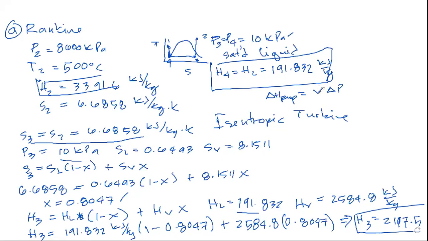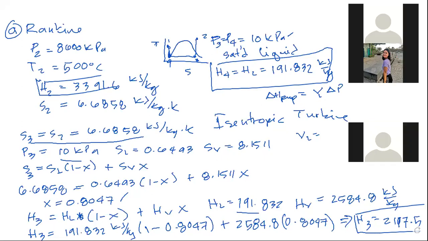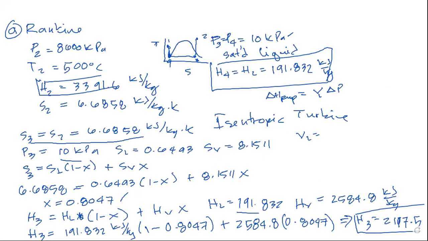So, this is VL, the one for the liquid. So, VL is equal to... Lean, I haven't asked Lean yet. Johnson, kindly find VL at 10 kPa so we can calculate V delta P. It's approximately 1,000.